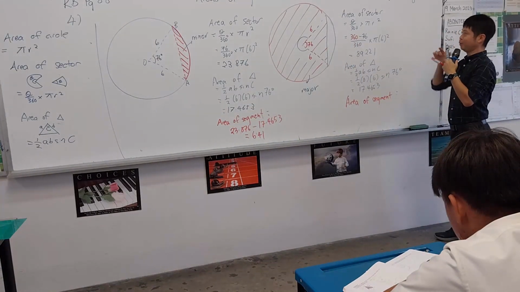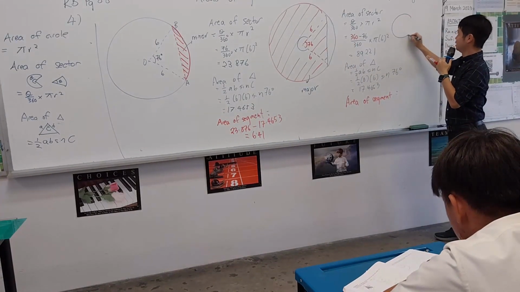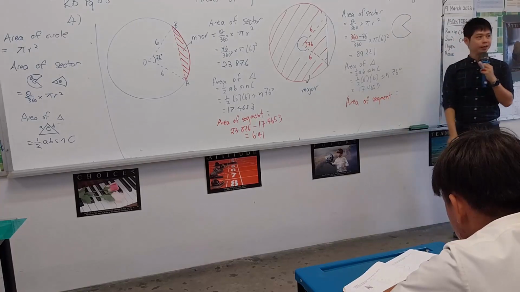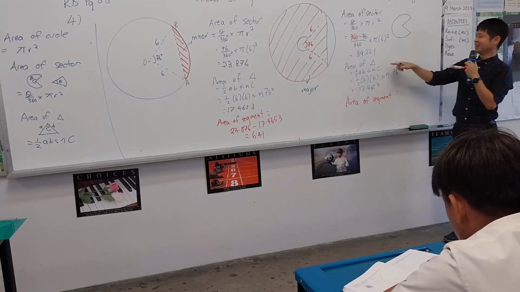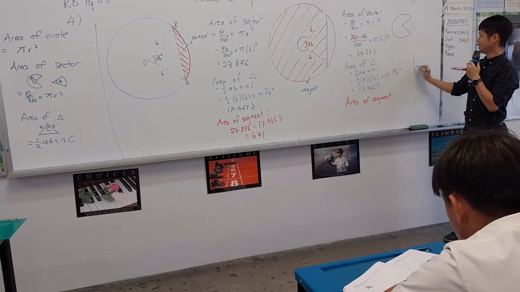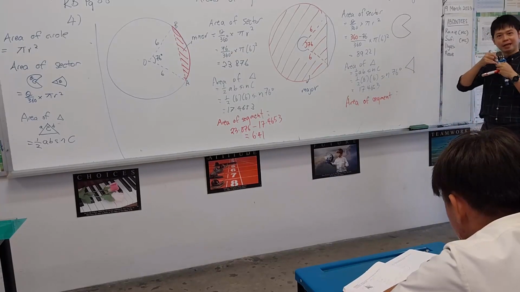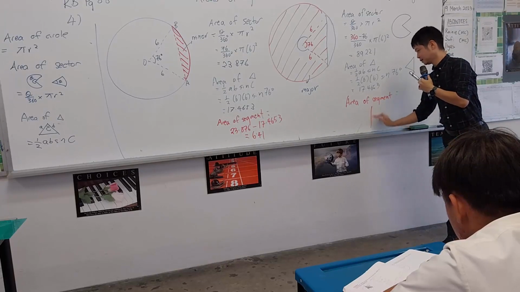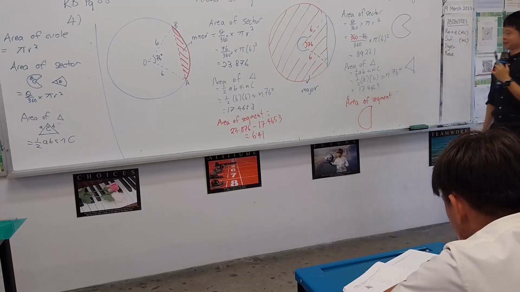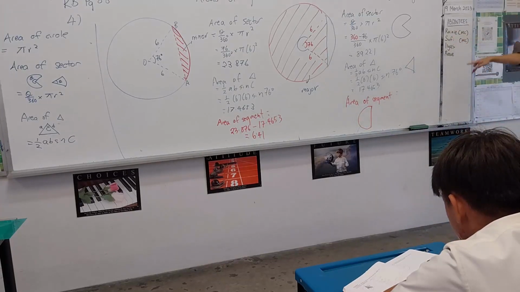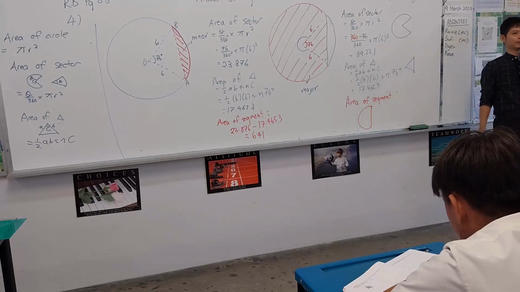First, the area of the sector looks like this, the Pac-Man. The area of a triangle looks like this. I want to find the area of a segment. What must I do with these two shapes in order to get the red part?